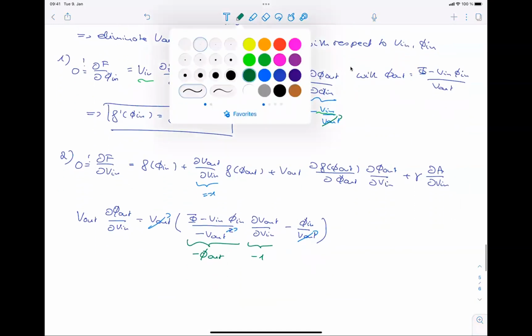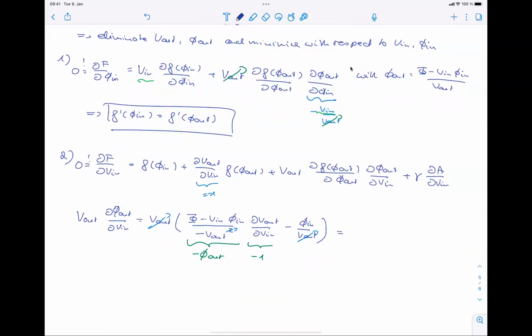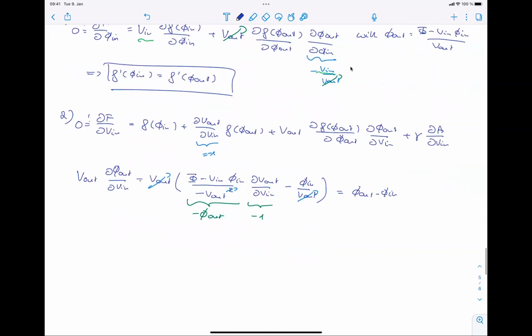Yeah, much better. And then we arrive at, the minuses cancel, V_out minus V_in. Okay, so that was this term.